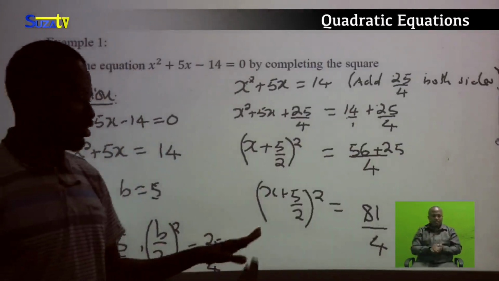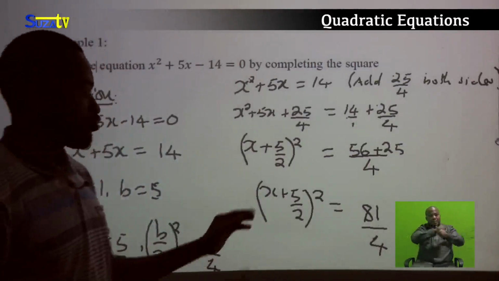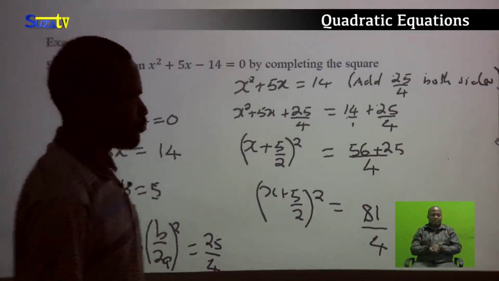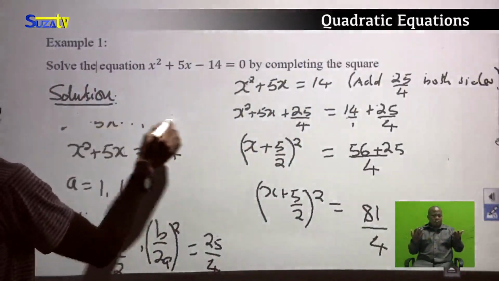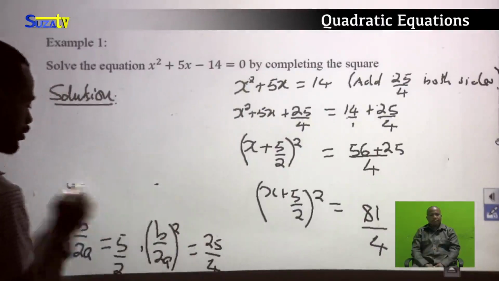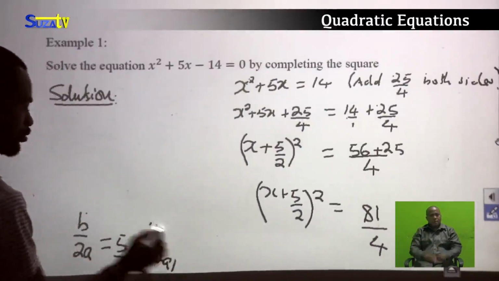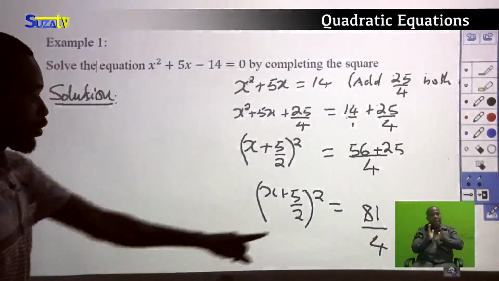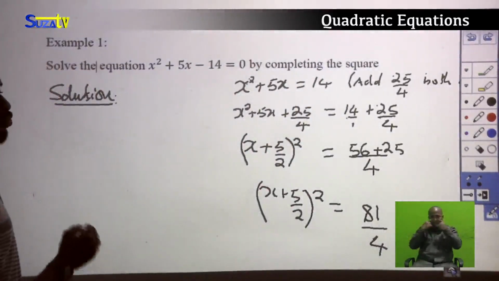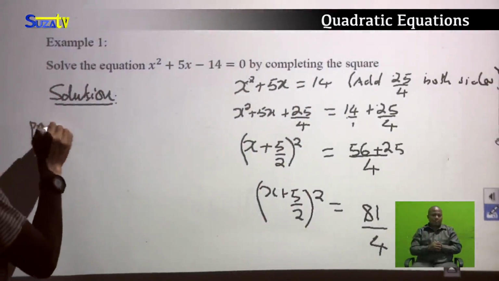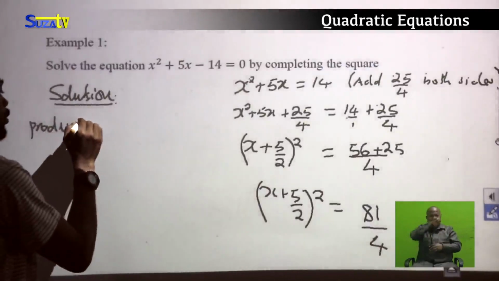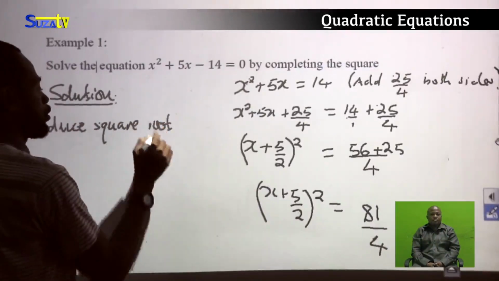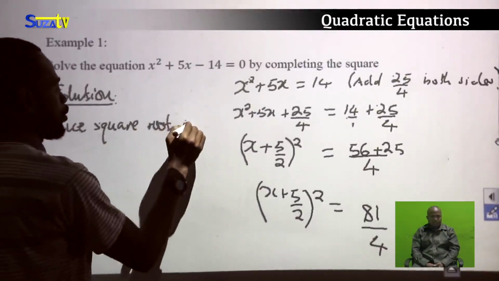We are supposed to take the square root throughout, or on both sides, to get the value of x only. So we take square roots on both sides.